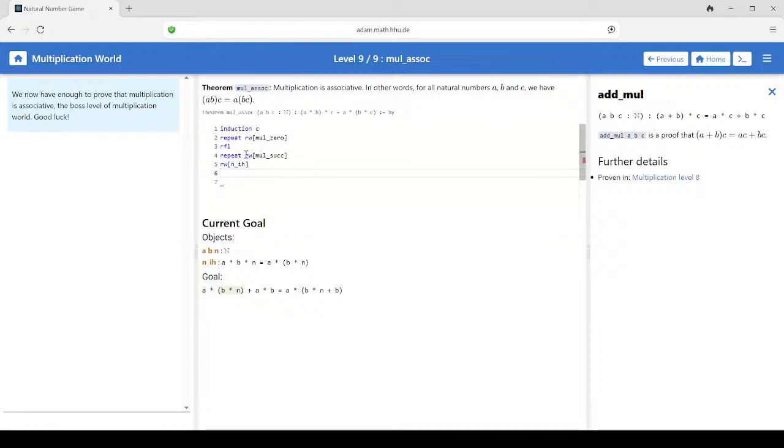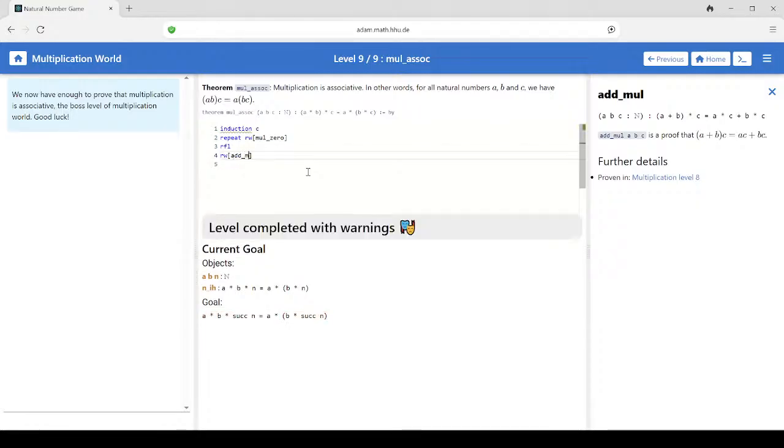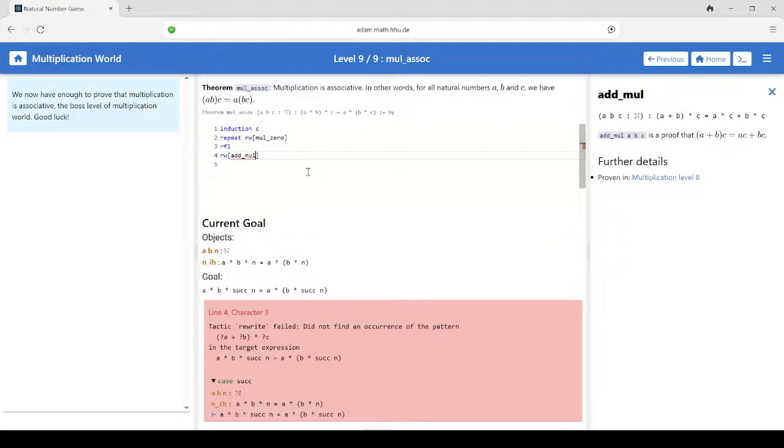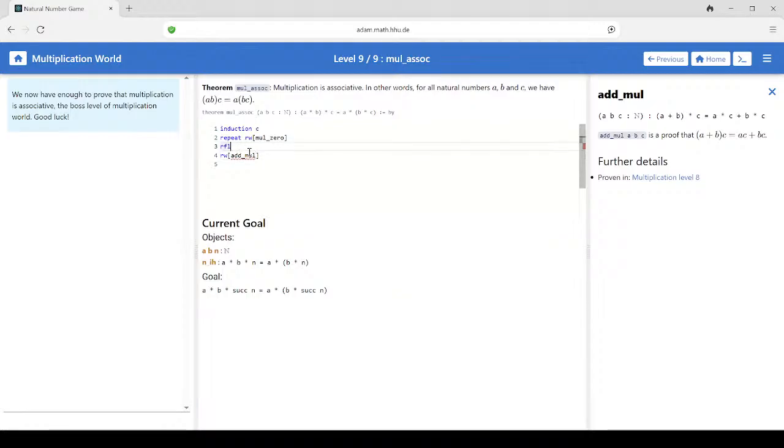Let me go back. Yeah, what if I use that? Yeah, rewrite, add, multiply. No, I can't do that anywhere.